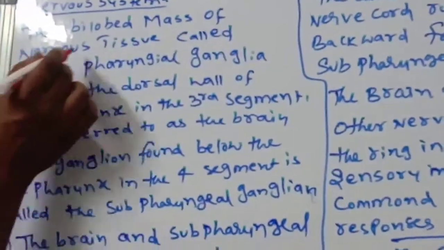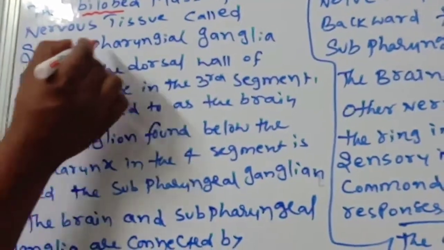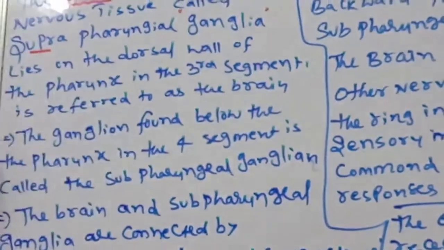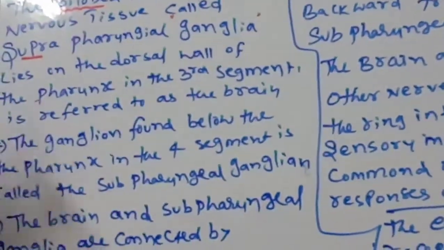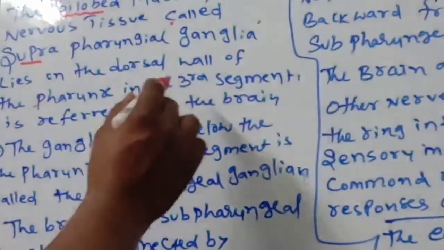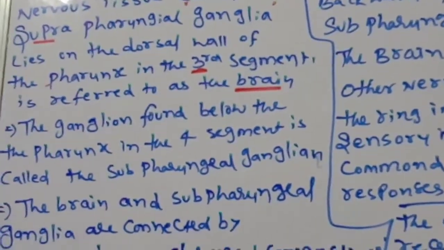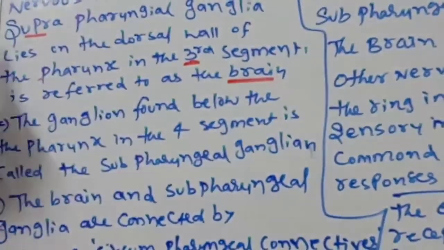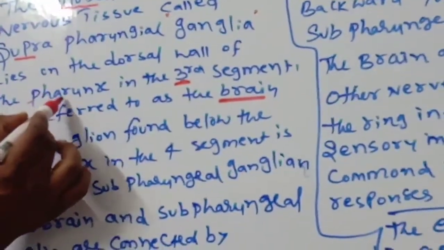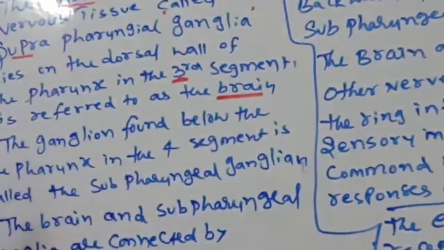The bilobed mass of nervous tissue, two lobes, called suprapharyngeal ganglia (ganglia means group of nerves, supra means above the pharynx), lies on the dorsal wall of the pharynx in the third segment and is referred to as the brain. Suprapharyngeal ganglia is the brain.